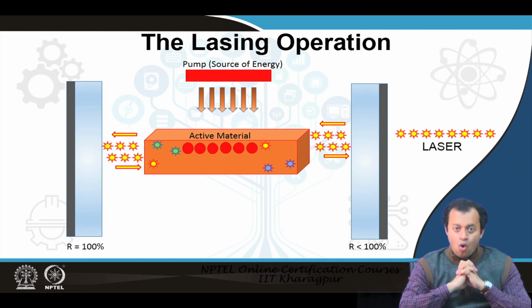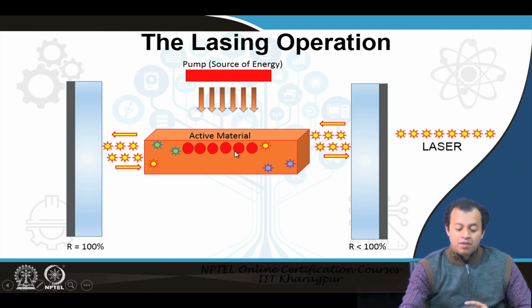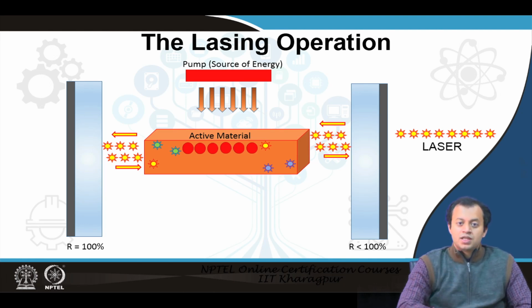All three actions take place: absorption, spontaneous emission, and stimulated emission. You absorb, the material goes up, the molecules, the electrons go up. After some time, it tries to come down by spontaneously emitting a photon.